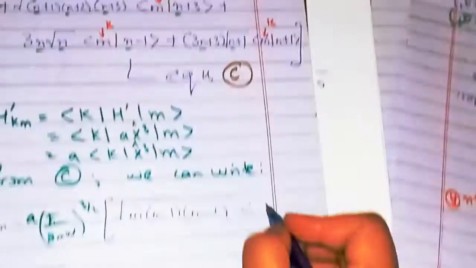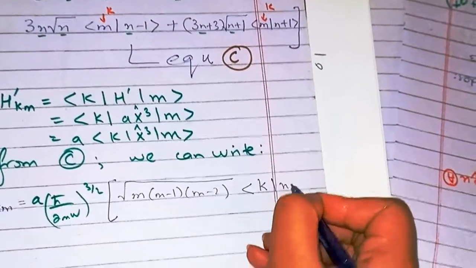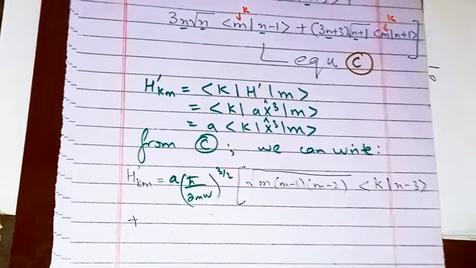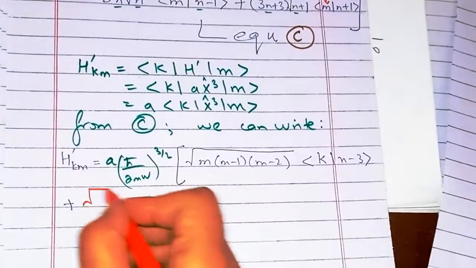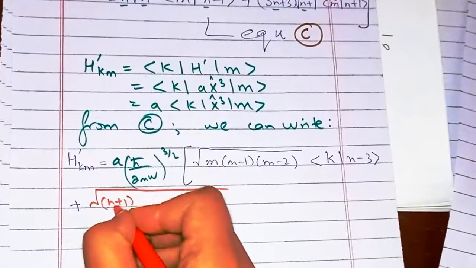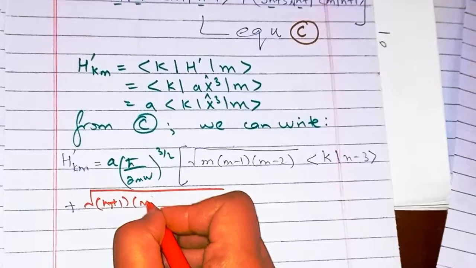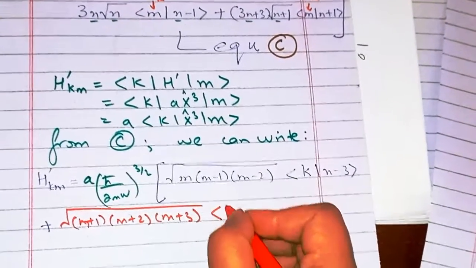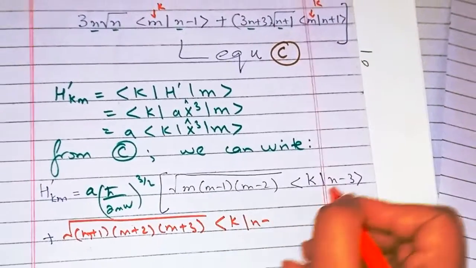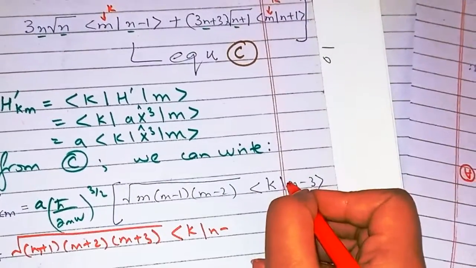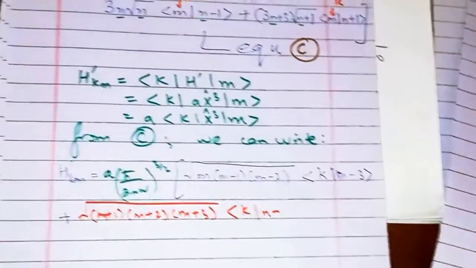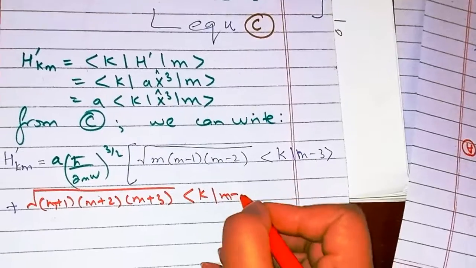In here we are supposed to write k and minus 3, plus, then under root m plus 1, m plus 2, m plus 3, then we have k and, oh sorry, here as well we are supposed to write m. Pardon me, it's m plus 3.